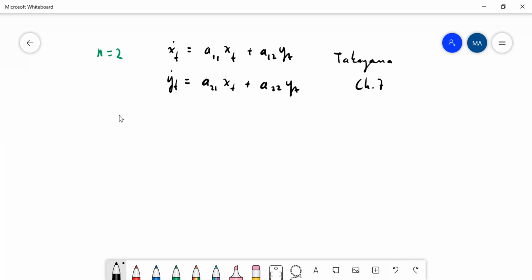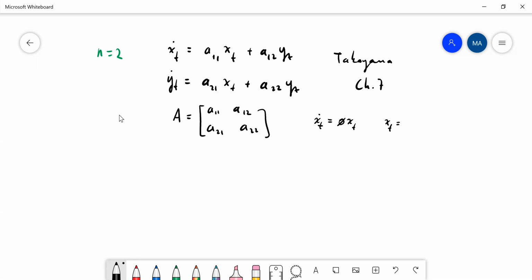Now, in shorthand, of course, you have here the matrix A11, A12, A21, A22. Now, what you know about linear systems is something like that. If I'm just looking at one variable, and it is, let's say, phi times xt, I know that there's exponential growth here, right? So the solution is something like this.